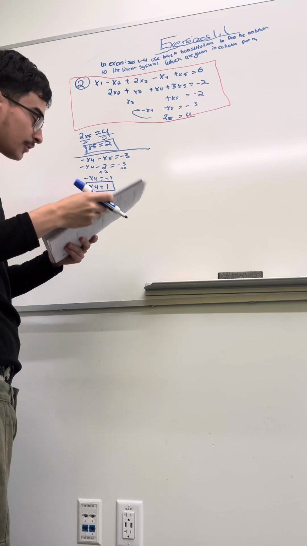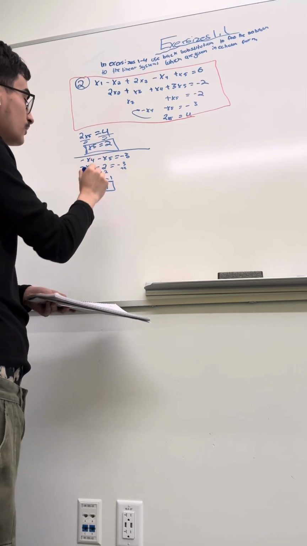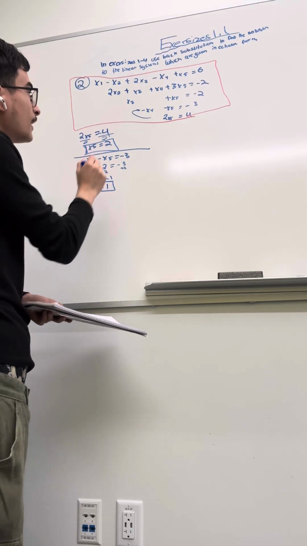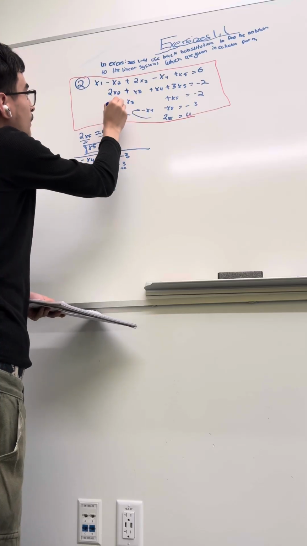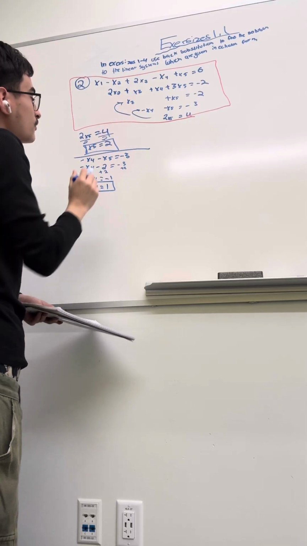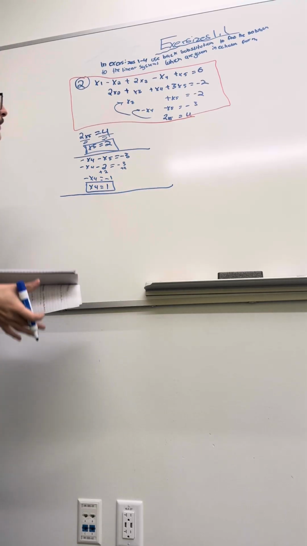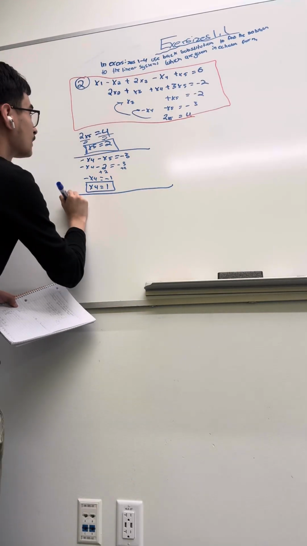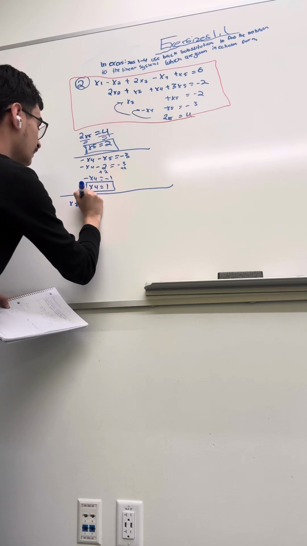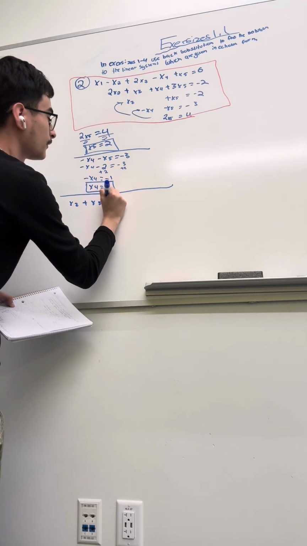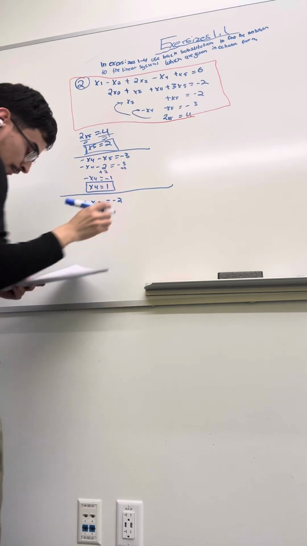And so next step, we're going to use these two solutions that we found and plug them into the third equation, which is x3 plus x5 equals negative 2.